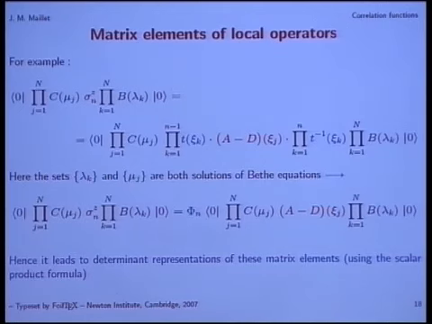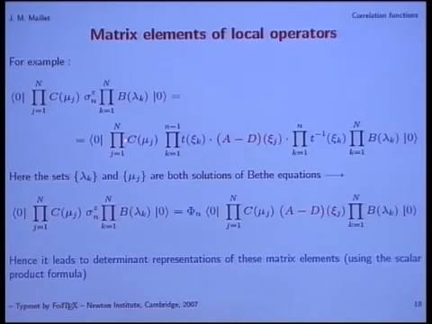Then you use the quantum inverse problem, and you write sigma z at site n as a product of transfer matrices, which are just A plus D operators, times A minus D, which represents this sigma z, times again a product of transfer matrices. And you see that you are already in a good position because this product acts to the left very simply because this is a beta eigenstate, so it's an eigenstate of the transfer matrices.